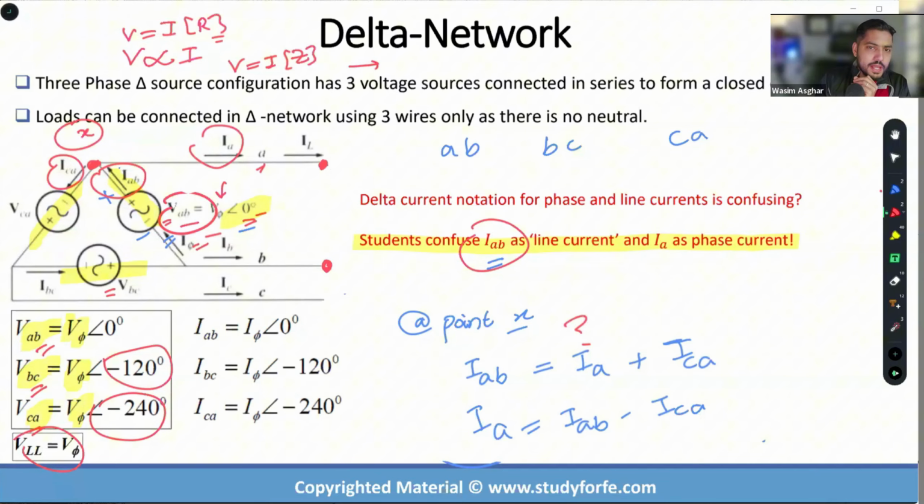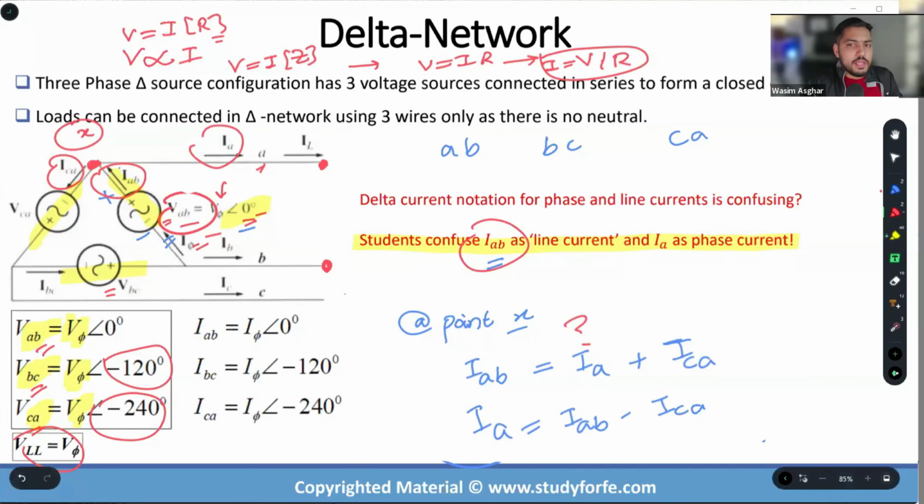Then V is equal to IR, which would mean that the current, and please pay attention to this, it's an important concept, is equal to V divided by R.